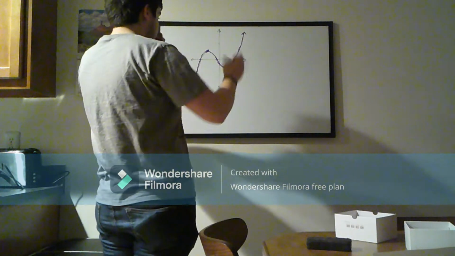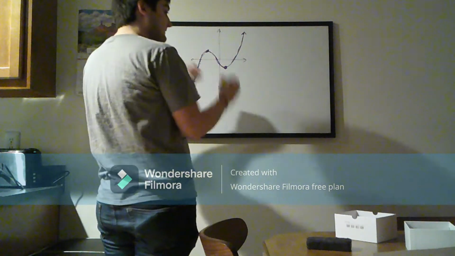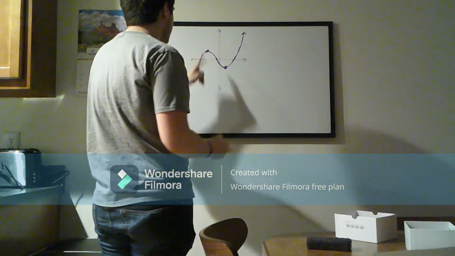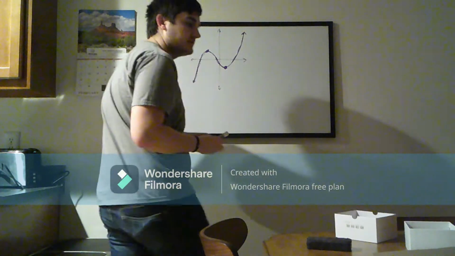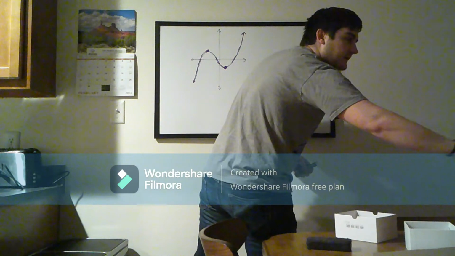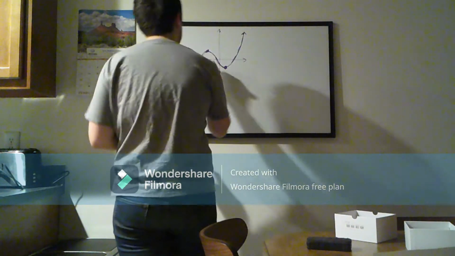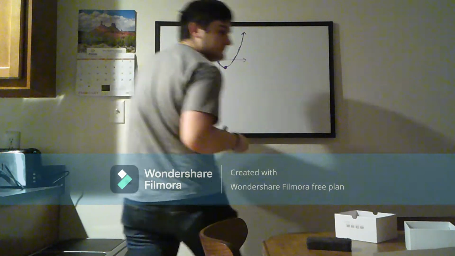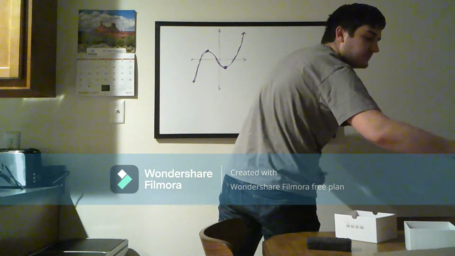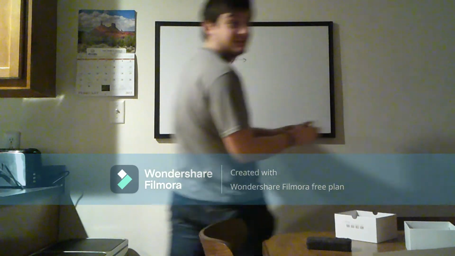Now, the key to this section is to notice, let's think about what the slope is doing at these points. So I might grab a different color, highlight this.